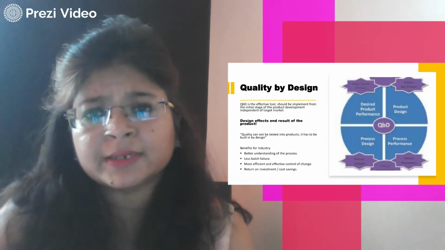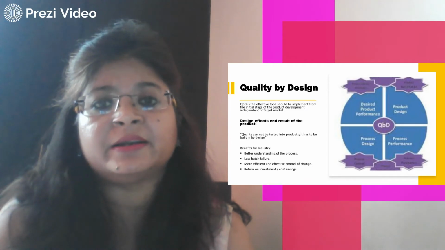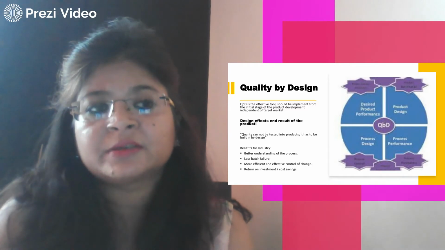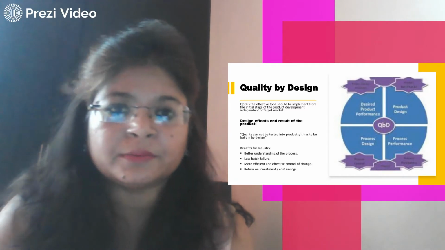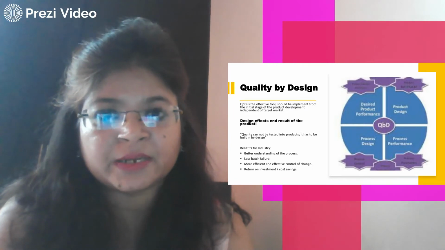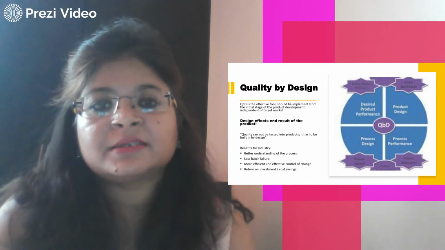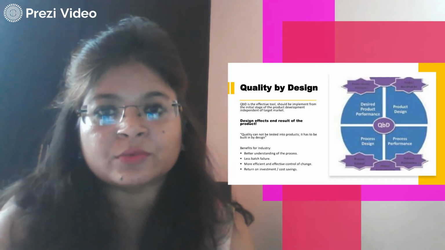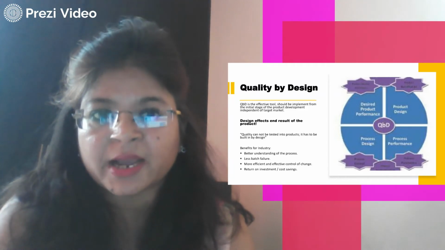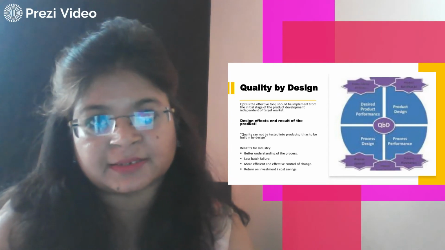In any organization, quality is very important, and that can be attained by designing a good quality product by identifying each and every process flow, starting from the raw material to the end product. So not only will it have a better system in place, but also fewer batch failures. The system will be more effective in controlling a lot of changes, and in return it would be a cost saving process.